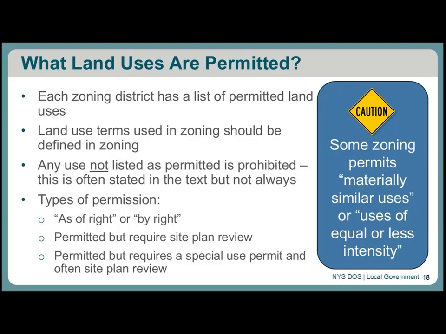So, a cautionary note: if you have zoning that, after the list of permitted uses, includes other materially similar uses, or other uses of equal or less intensity, or some language to that effect, that language was likely put in there because there was concern that you might miss some uses that you meant to allow.